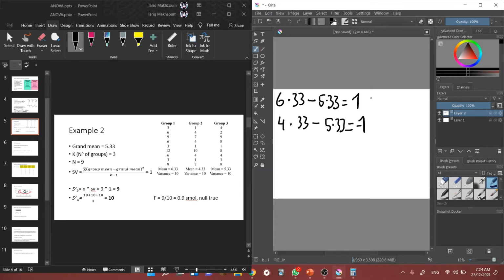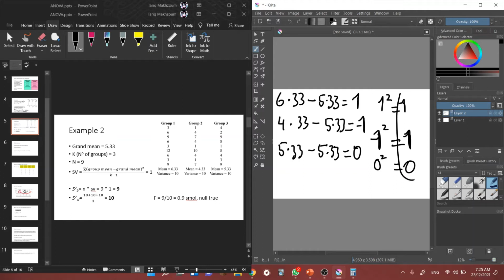So 1 squared is just 1, and minus 1 squared is also 1. And then for our last group we have 5.33 minus 5.33, which is just 0. Okay? And obviously 0 squared is also 0.